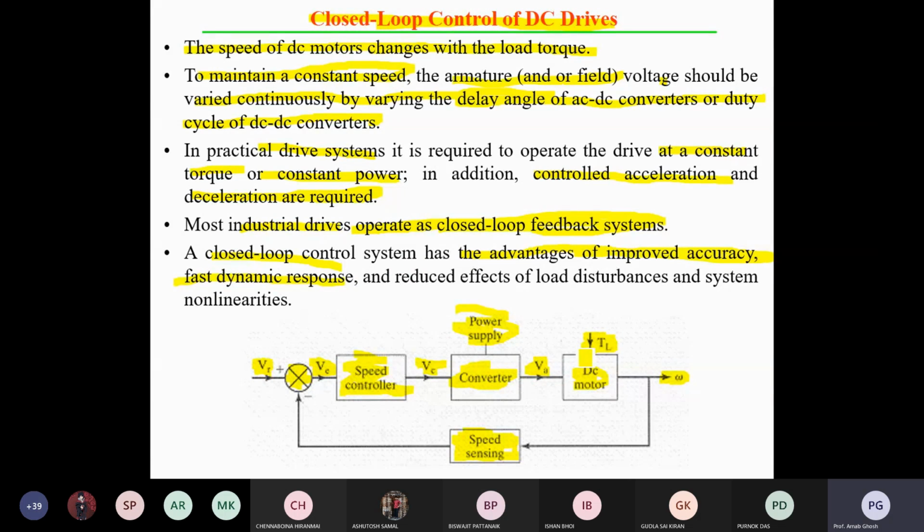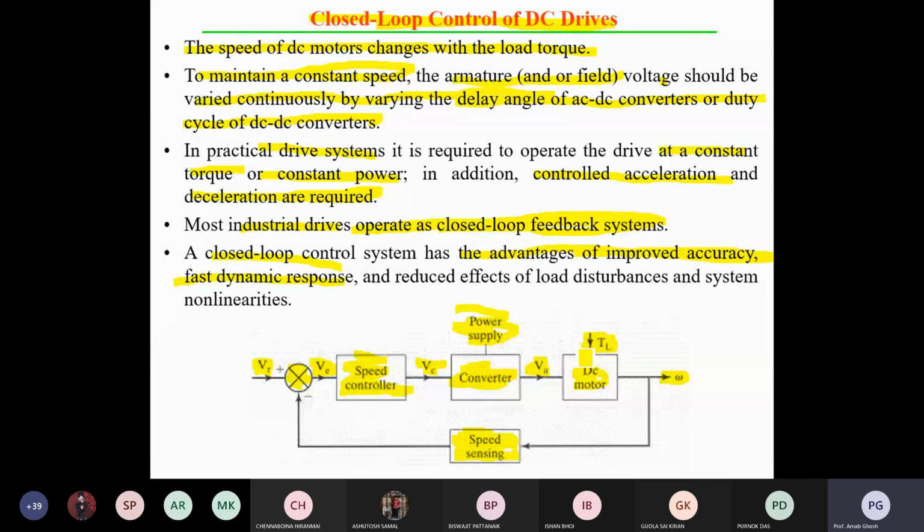If suddenly 8% are there, definitely the loading will also be more. So the motor needs more energy to pull it up, that additional 4%. That's why the rating of the converter and the rating of the motor will be enhanced. Also the fast dynamics: if the system is not performing very fast in nature, then it will be difficult.